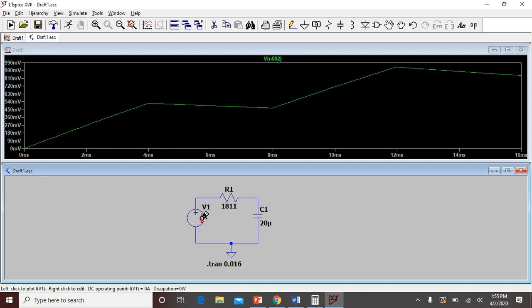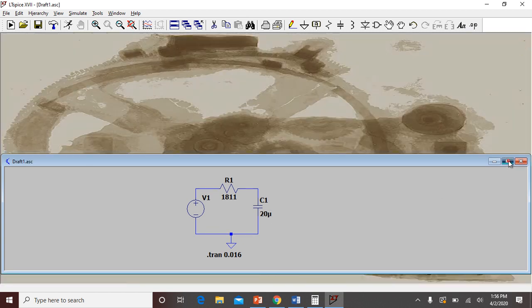We did not calculate the actual supply or the frequency we should give to observe the particular waveform, or to observe the exact charging and discharging of the capacitor. So now we are going to give the calculated value of this supply frequency or supply time period. So now we are going to close this window so that I can again come to the schematic window.